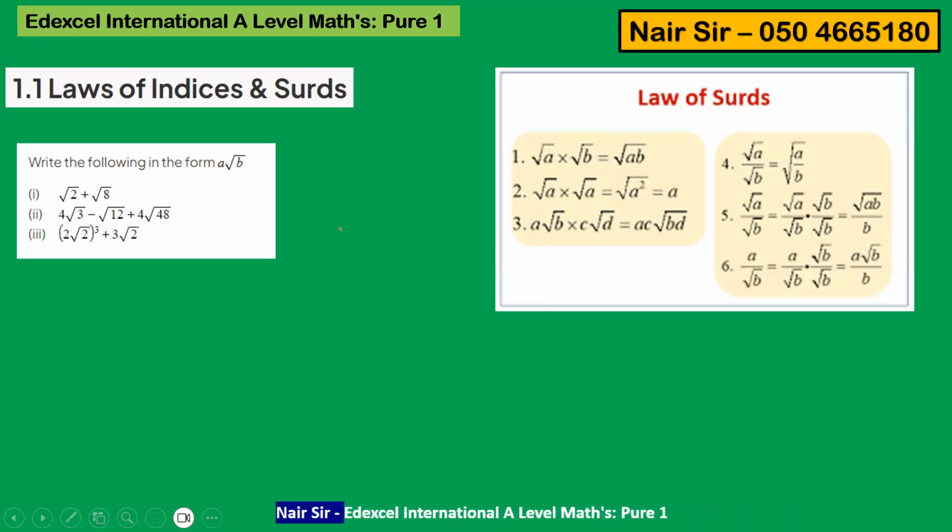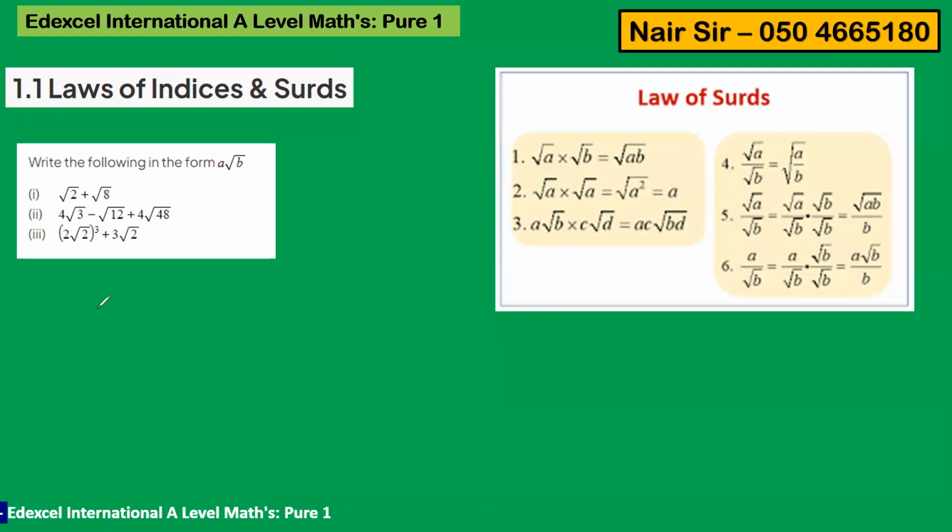Now, look at this question. The question is asking me to find square root of 2 plus square root of 8 in the form of A root B. Let's look at this. Notice one thing, there's nothing that I can do here, but look at this.